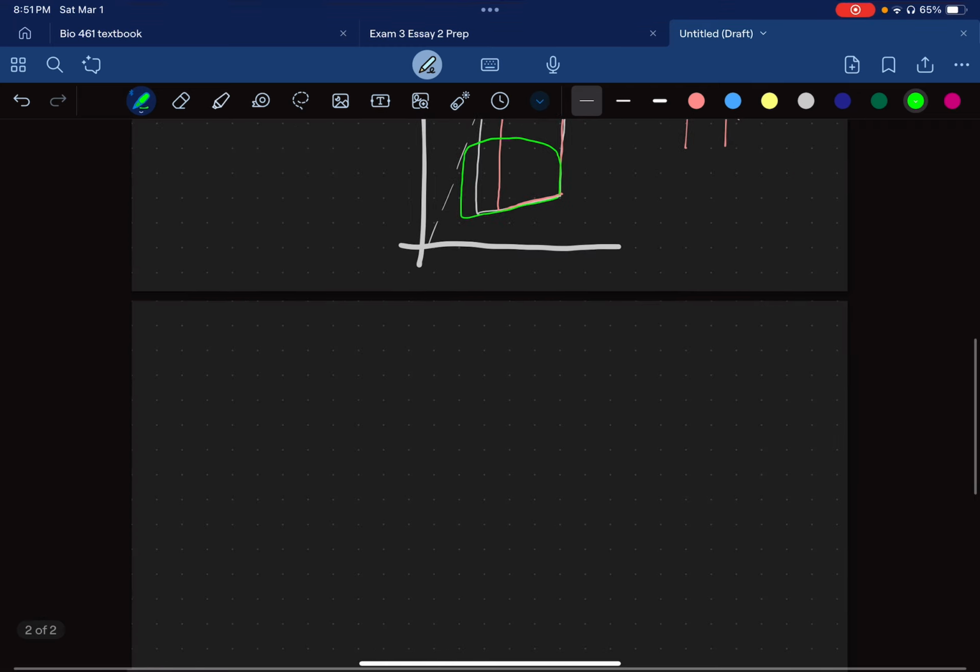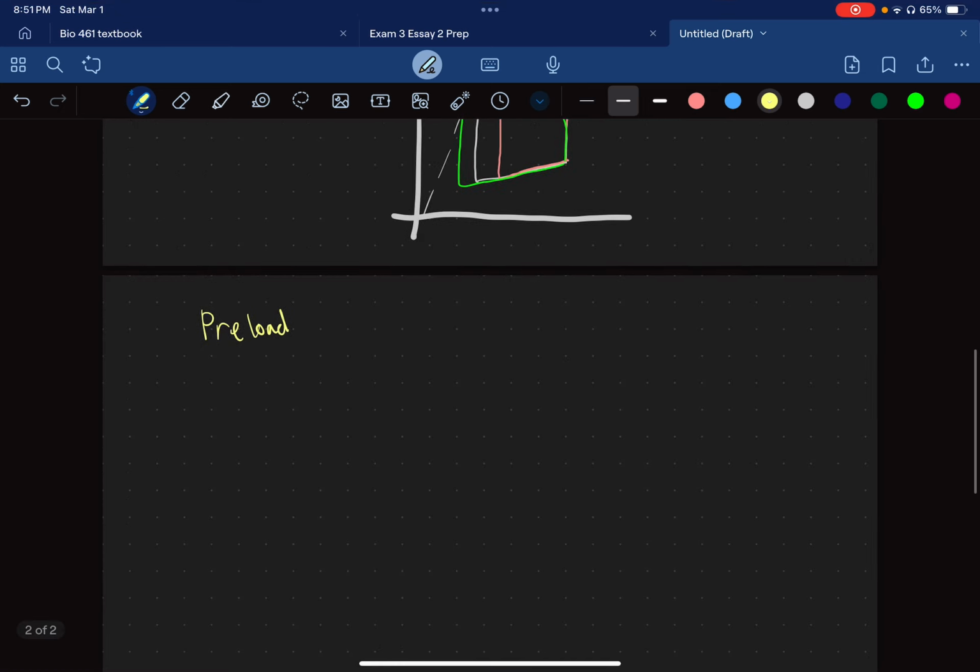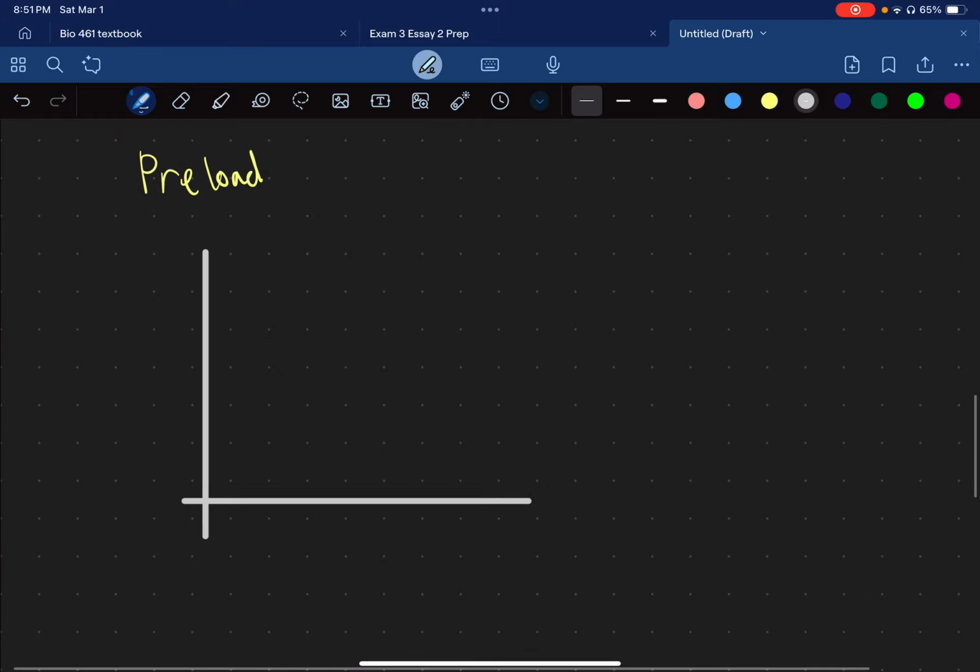And then preload, we'll just draw another graph for that. Preload is going to be the amount of stretch in the cardiac sarcomeres before they contract. So if we map that out here, let's draw a control.